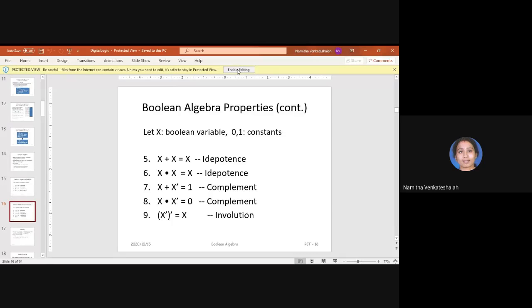If you recall, we used this formula so many times, while performing MEV, map entered variable, where we used to take common terms. There we used X plus X dash is equal to 1, and X dot X dash is equal to 0.